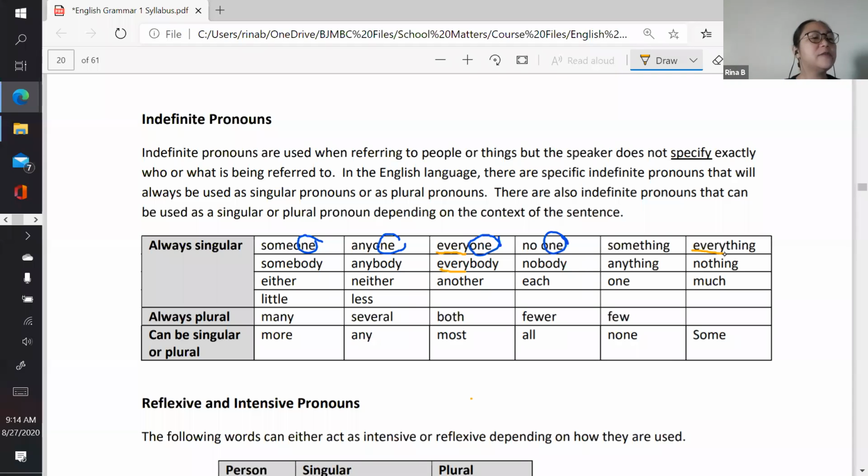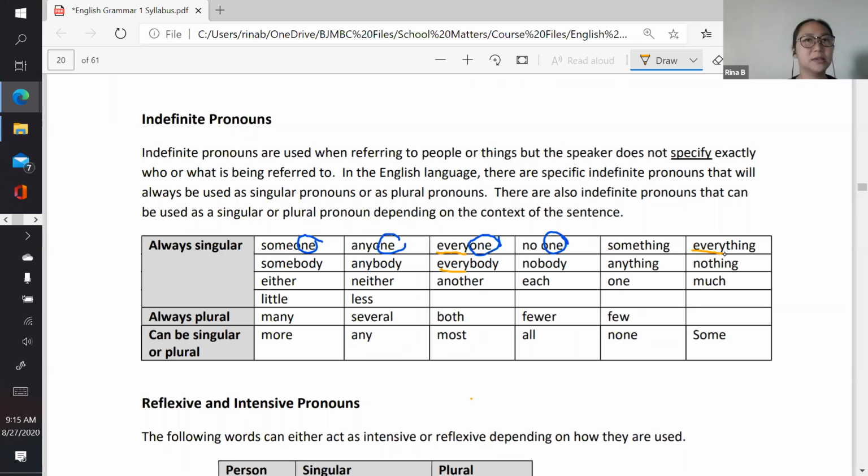So I'll give you a minute to memorize this table. Just take note of which indefinite pronouns will always be singular, which will always be plural, and which can either be plural or singular.